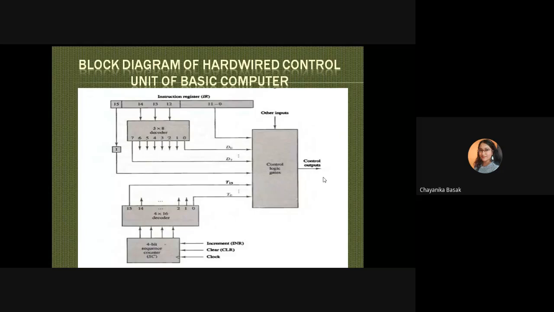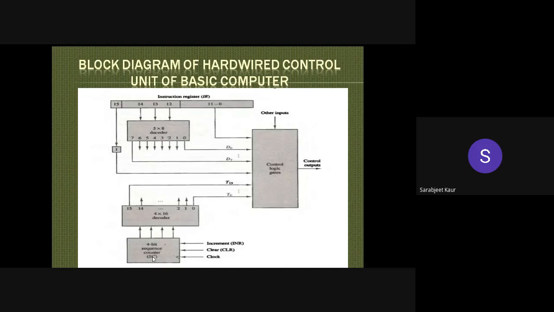Yes, ma'am. Okay. Now we are going to look at the lower part of this diagram. What you see here is, first of all, a 4-bit sequence counter. Now what is a 4-bit sequence counter? A sequence counter is basically just an electronic component which is responsible for counting in sequence.